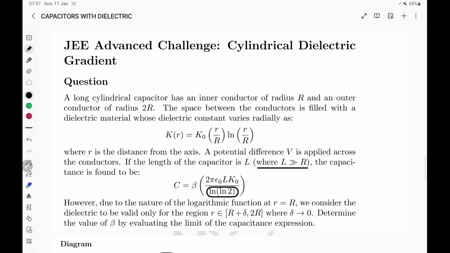However, due to the nature of the logarithmic function at small r equal to capital R, we consider the dielectric to be valid only for the region r plus delta to 2r, where delta tends to 0. So they are telling us to determine the value of beta by evaluating the limit of the capacitance expression.